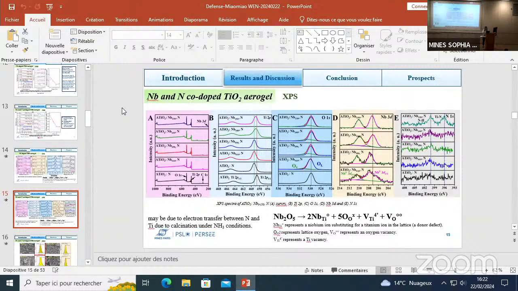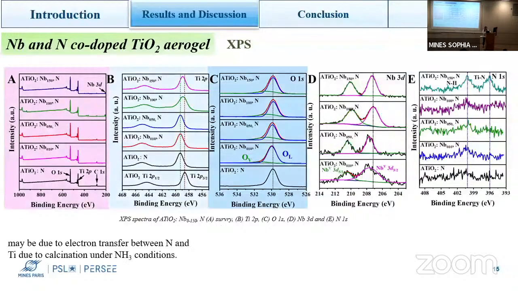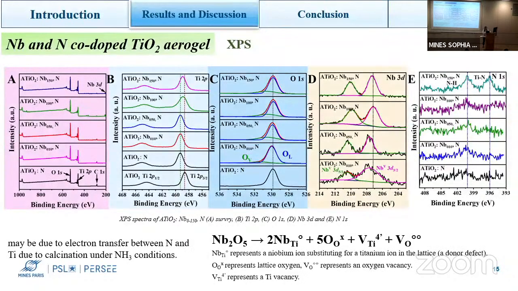Oh, sorry, I looked at my paper, not your slide. So yes, here you say we observe a shift of the peak, just when we put only nitrogen.